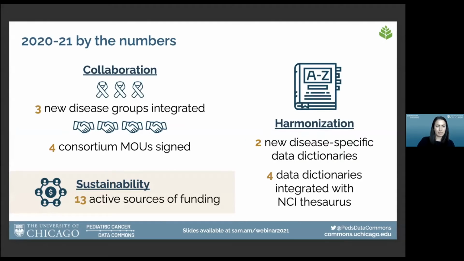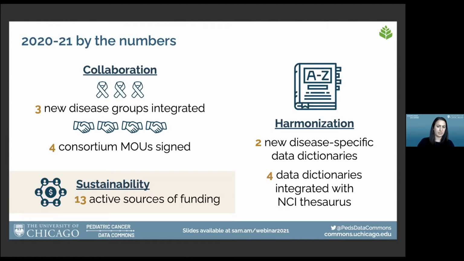So looking at the PCDC as a whole, in the past year, we've had several exciting milestones. What we're going to highlight here is just scratching the surface of what our team has been able to accomplish. And again, each group will go into it in further detail in this next part of the presentation. At a high level, we have 10 disease groups in total now engaged. 4 of these consortia have signed a memoranda of understanding this year.